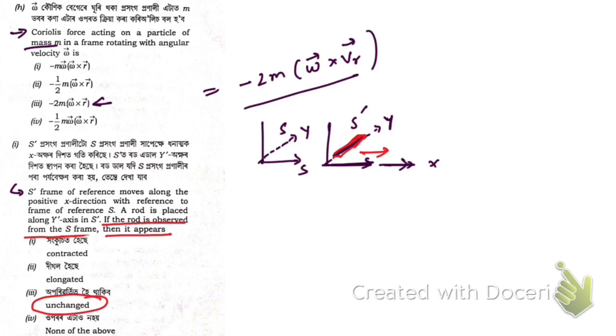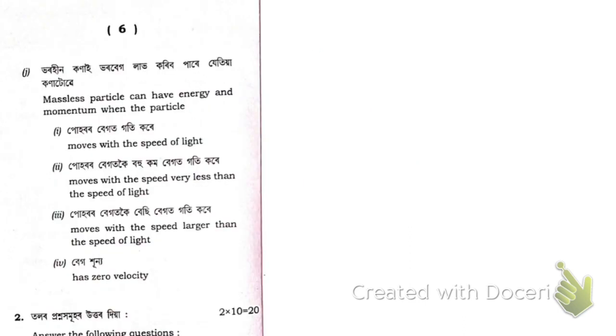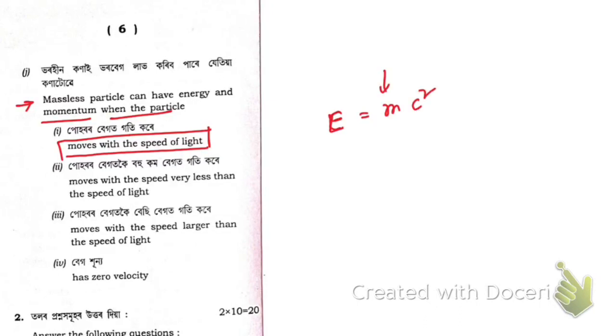And the last objective question, last MCQ. A massless particle can have energy and momentum when the particle, that's very simple, moves with the speed of light, right? So we know the energy equation, E is equal to mc², where m is mass.